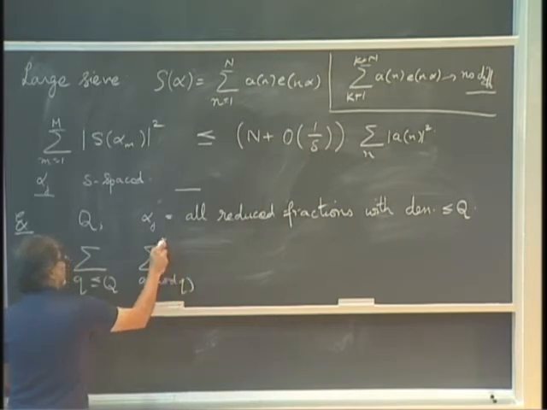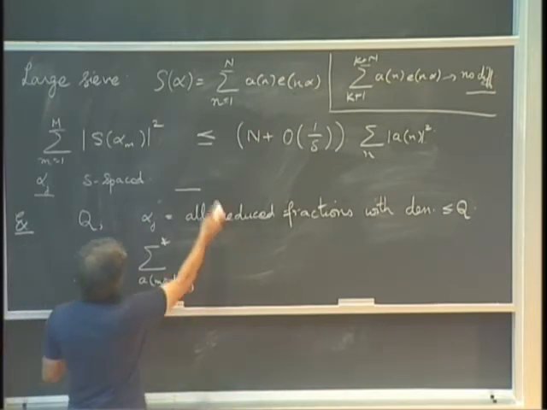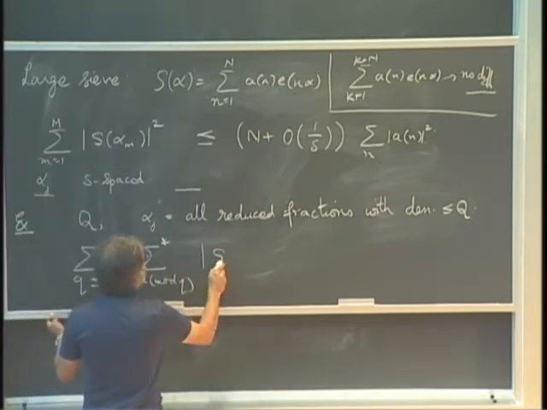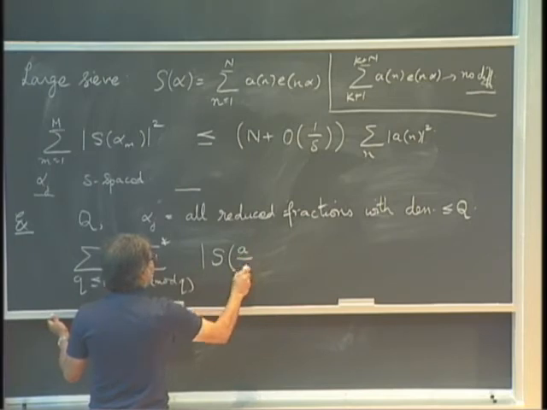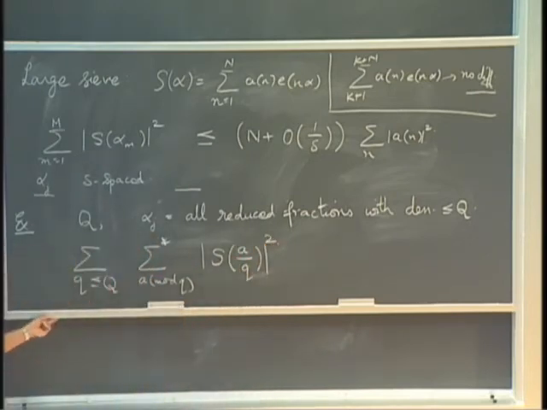I'm going to put a star here to indicate that a is coprime to q. And then I'm going to evaluate this exponential sum at the fraction a over q.